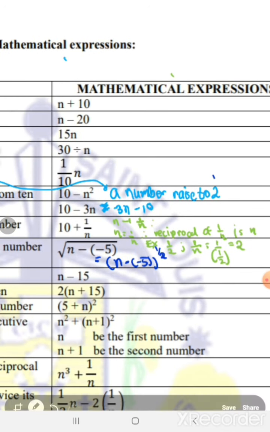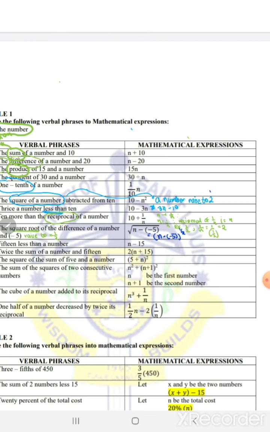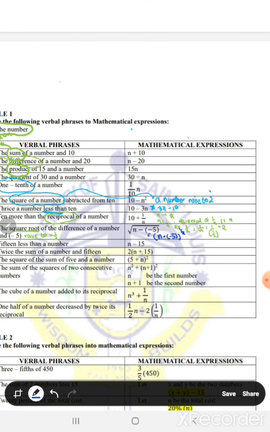Okay. If you are answering about the mathematical expressions, please do not simplify the problem. If you are asked to translate verbal phrase into mathematical expression, never attempt to simplify it. Okay?